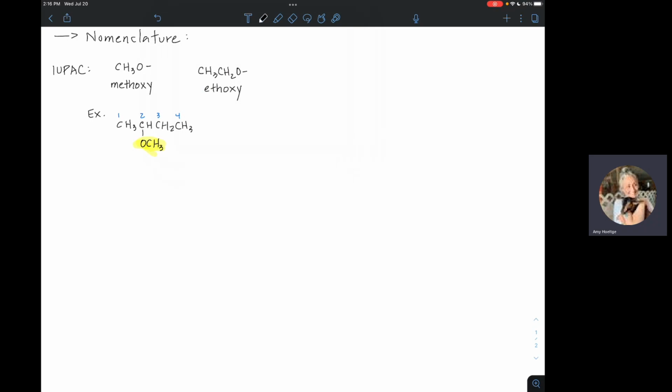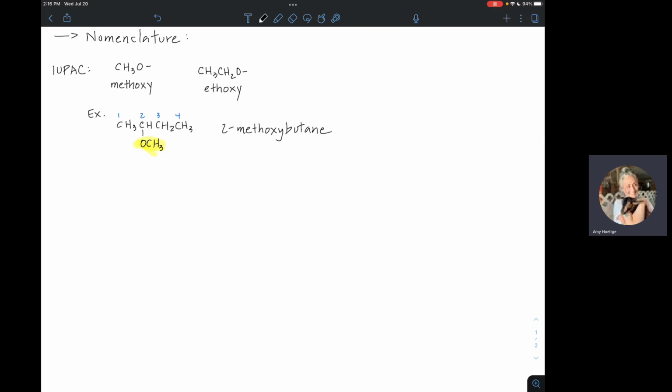And so we have 2-methoxybutane. So this is the systematic way of naming an ether.